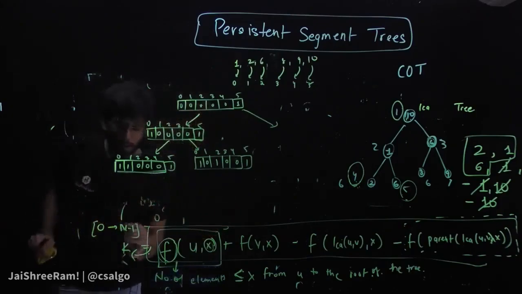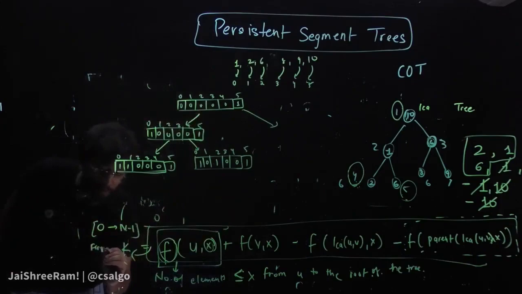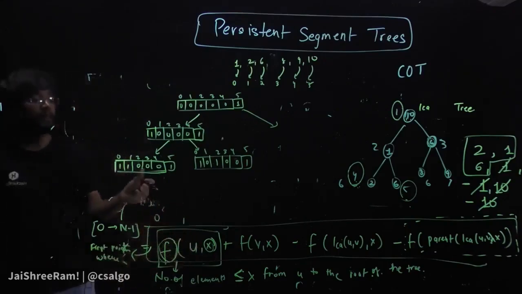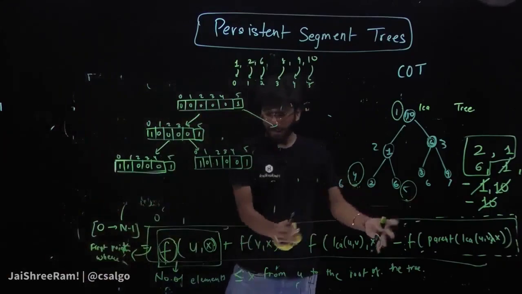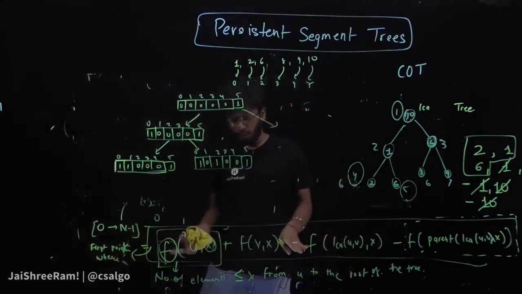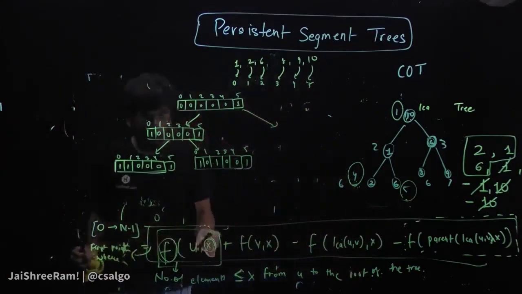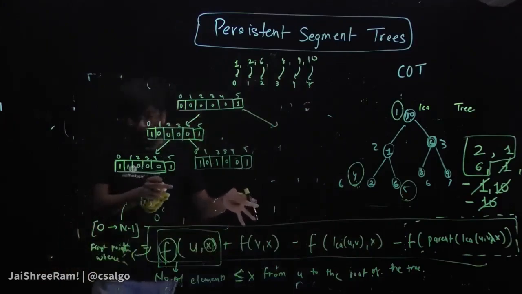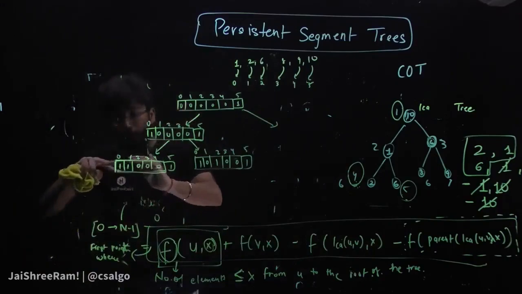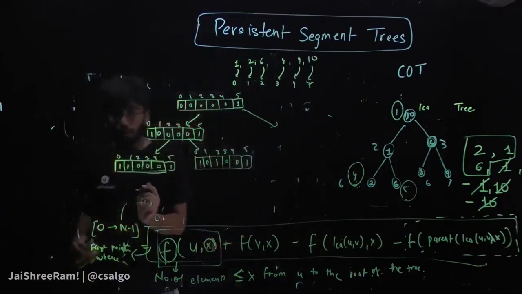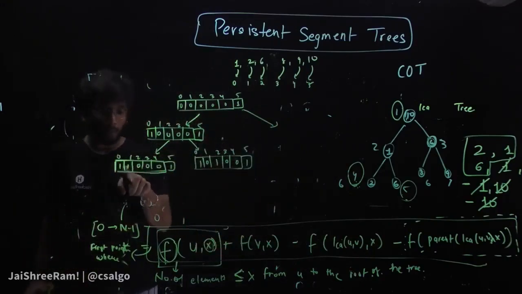I need to find the first point where this prefix sum, considering all the elements less than or equal to x, gives me the count. So it's actually a prefix sum, since I'm marking the frequencies here for each of them.